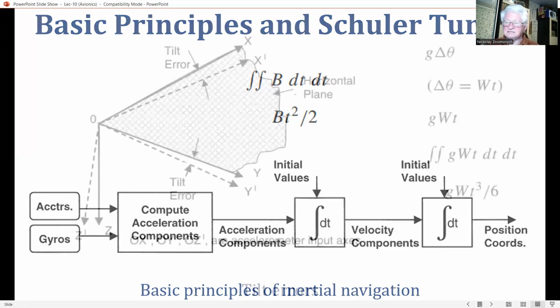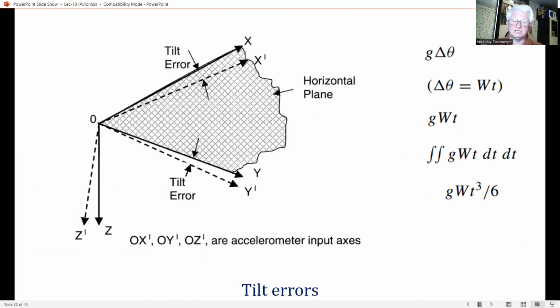Errors in deriving the orientation of the accelerometer input axis with respect to the local vertical, that is tilt error, will introduce gravitational acceleration errors in the acceleration measurement. Refer to the figure on this slide.